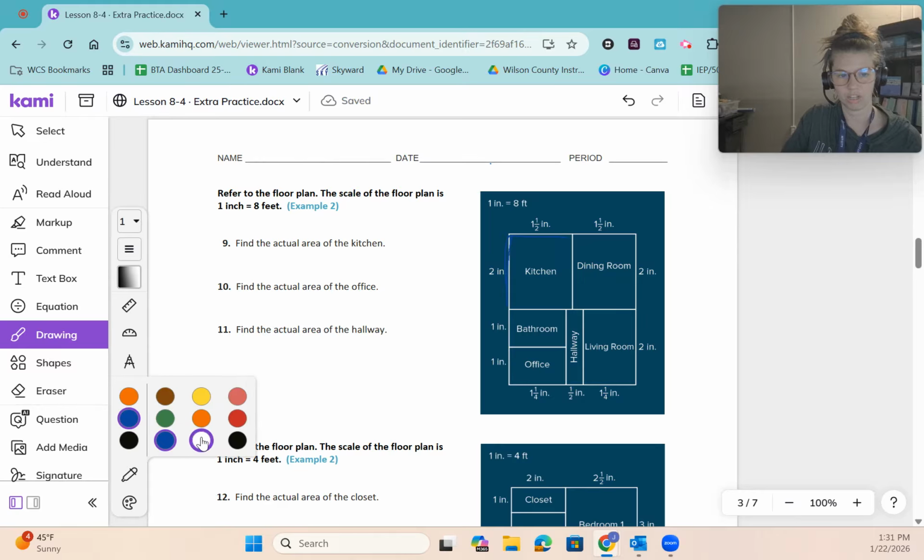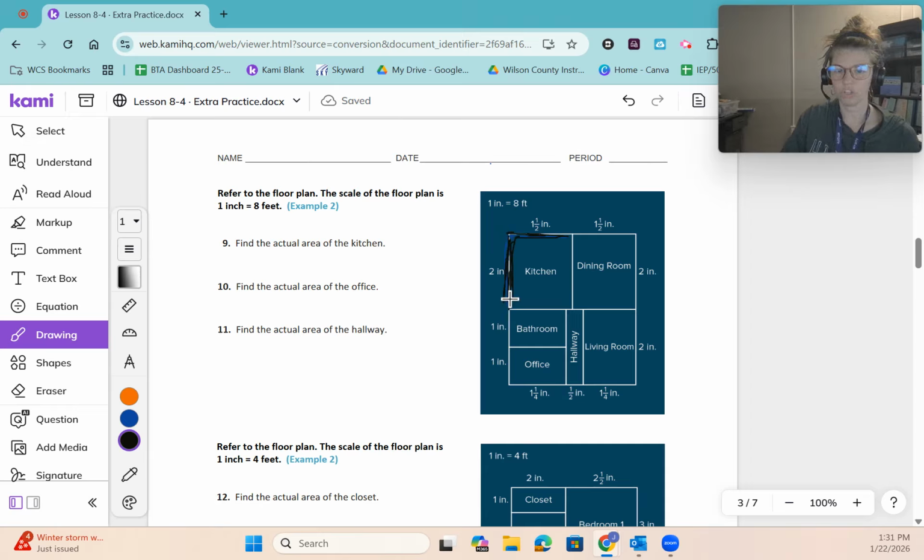Let me change my color here to make it a little easier to see. Okay, so we're going to look at the kitchen. Its current dimensions are 1.5 inches by 2 inches. If I need to find the actual area of the kitchen, I need to find the actual length and the actual width, or base and height.